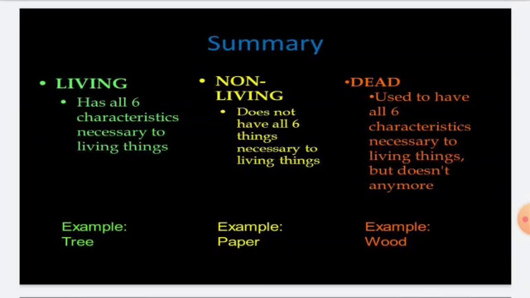Once the living things come to an end, we call them dead organisms. Examples of living things are the trees and the human beings. An example of a non-living thing is paper, and an example of a dead thing which was once living is wood.